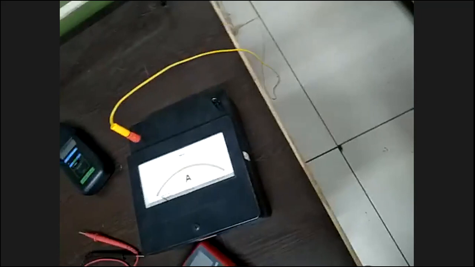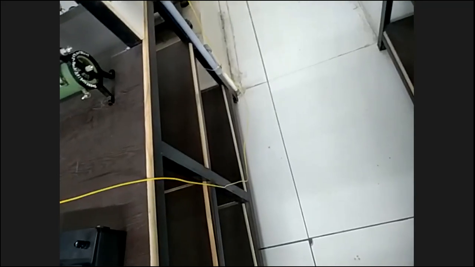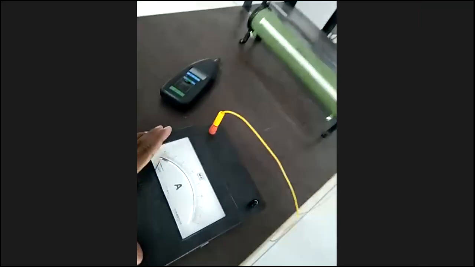Here is the ammeter. Now, where can the next terminal of the ammeter be connected?